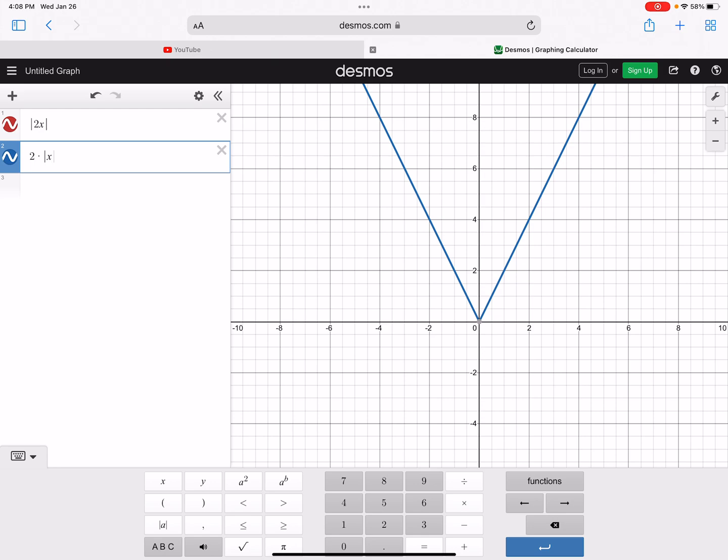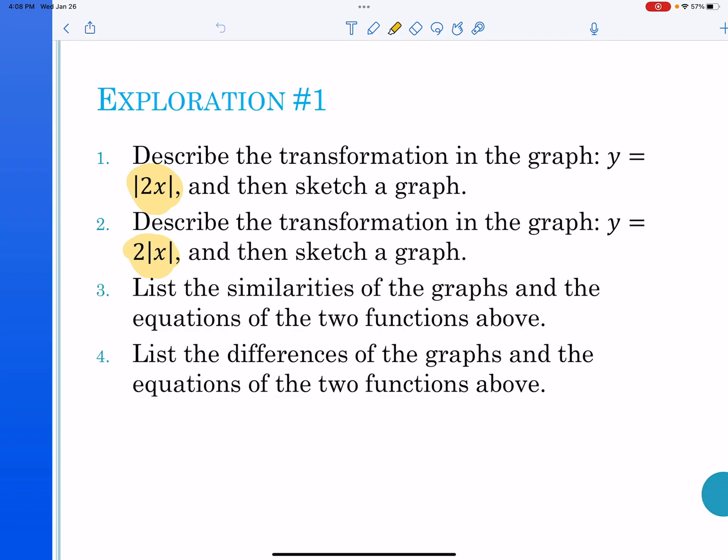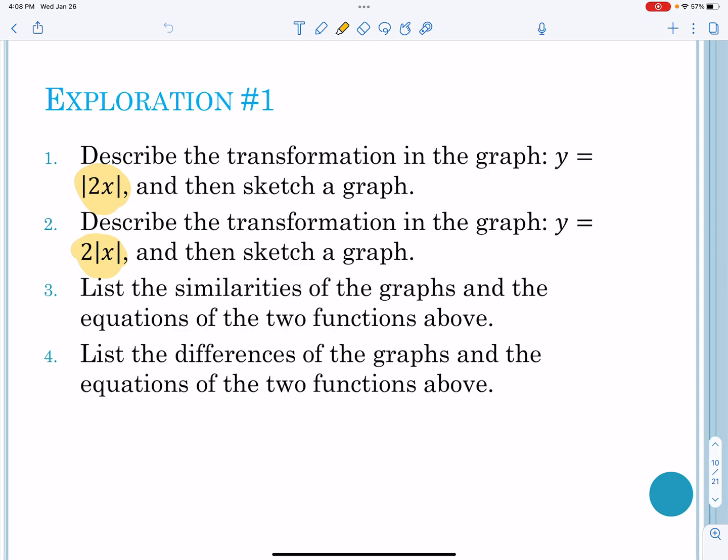So it doesn't matter if you multiply and make positive or make positive and multiply, you're still going to get the same answer. Okay, and that's really all I wanted to talk about with this one. Similarities and differences, they're the same graph. I am going to go over this again next week when I'm there. It's not really imperative for you on this homework assignment, but I feel like if I talk about it a ton, maybe it will sink in.